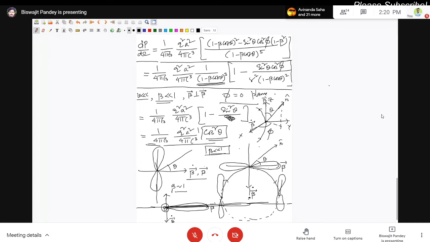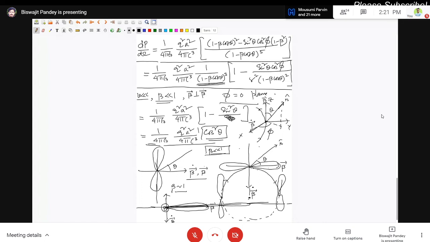If I look at the forward direction, what is the angle in the forward direction? Theta, what is the value? Zero degree. Correct, theta equal to 0 degree. So if theta equal to 0 degree and beta is very close to 1, for the time being let us take it 0.99.